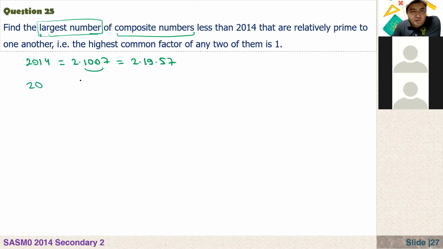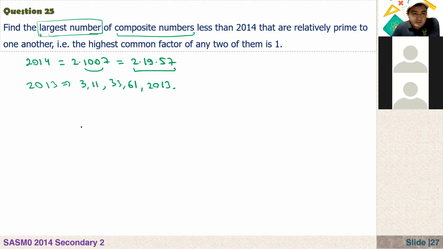Because 2014 is equal to this, and how about 2013? The common factors are 3, 11, 33, 61, and 2013.